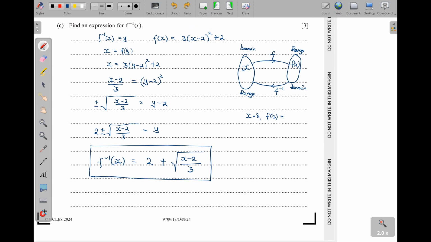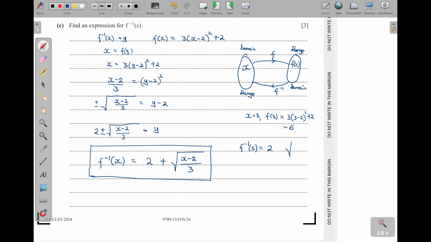We shall have 3 into (3 minus 2) squared plus 2. What do we get here? Of course, this one will be a 5. Now what we have gotten out here is going to be the domain of the inverse. Now we are going to pick this 5 here, we put it in here, and we see whether we get the 3 here. So f inverse of 5, this one is going to be 2.